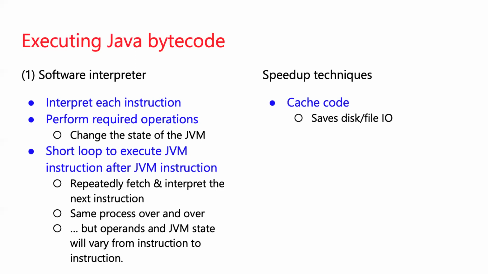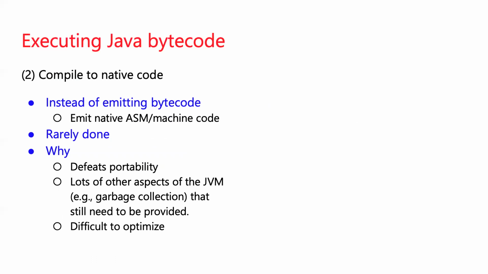How about if we tried to do what a C compiler does? Could we compile Java source code all the way down to native machine instructions? And the answer is yes, and it's been done, but it hasn't been done a whole lot. There are Java compilers.